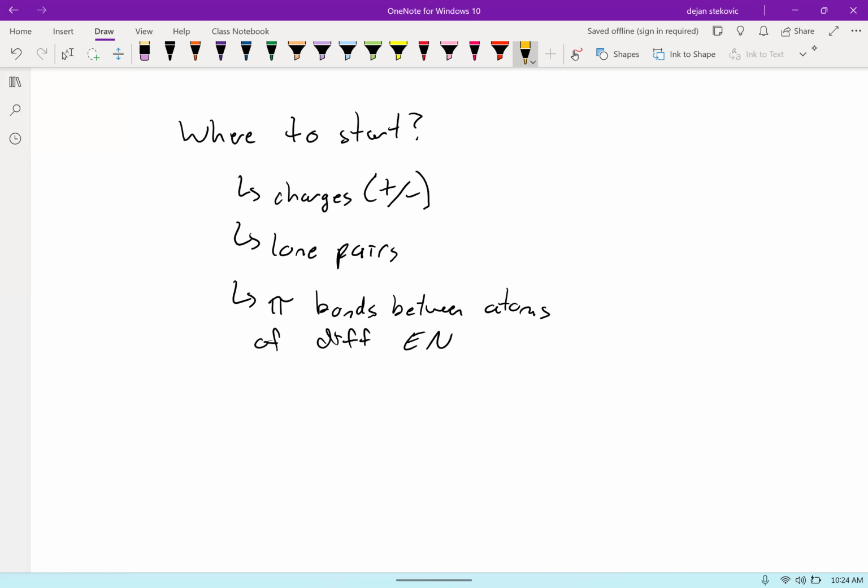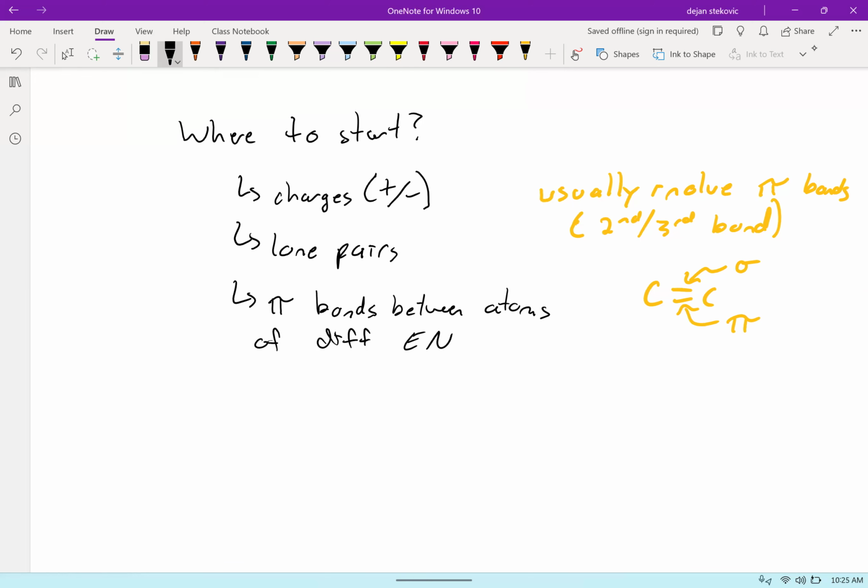Resonance structures usually at some point involve pi bonds. And if you're thinking about what a pi bond is, it's the second or third bond in a compound, right? So for example, if you draw a carbon-carbon double bond, the first one of those bonds is going to be a sigma bond, and then the second one is going to be that pi bond, the bonding between those unhybridized p orbitals.